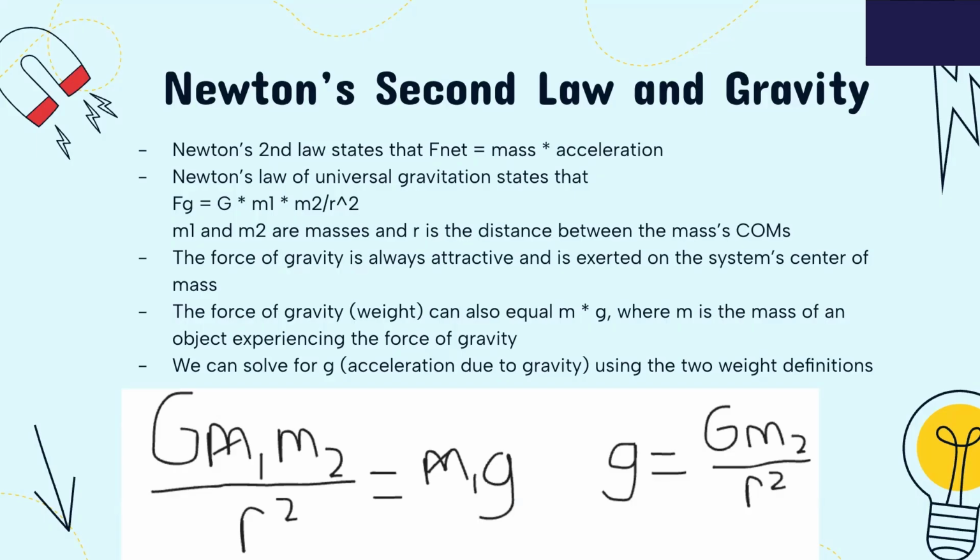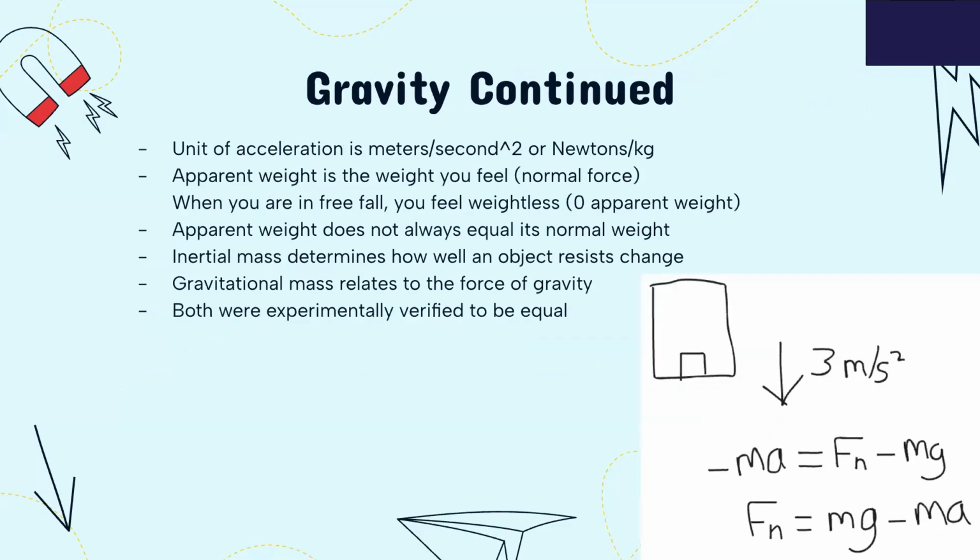The force of gravity, the weight, can also equal the mass times the acceleration due to gravity. We can set these two to be equal and solve for what the gravitational field, acceleration due to gravity, really is. I did that on the bottom. So essentially m1 cancels out and you get g, lowercase g, is equal to big G m2 over r squared.